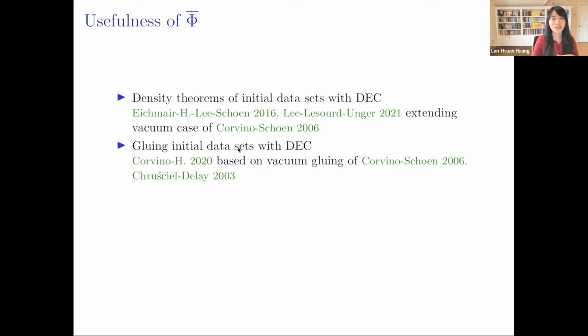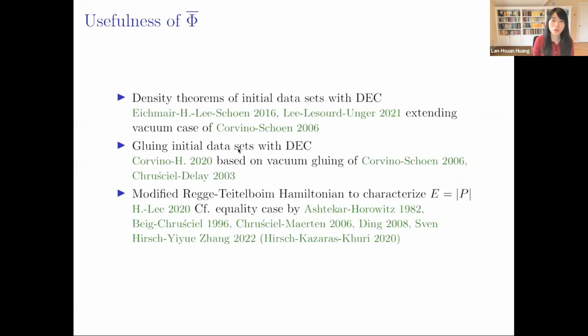And the result is: given an initial data set with DEC, we can glue to a Kerr solution, which is vacuum, through an interpolation region which satisfies the DEC. And also we use this to define the modified Regge-Teitelboim functional. That's in my work where we try to prove the equality case for the positive mass theorem.